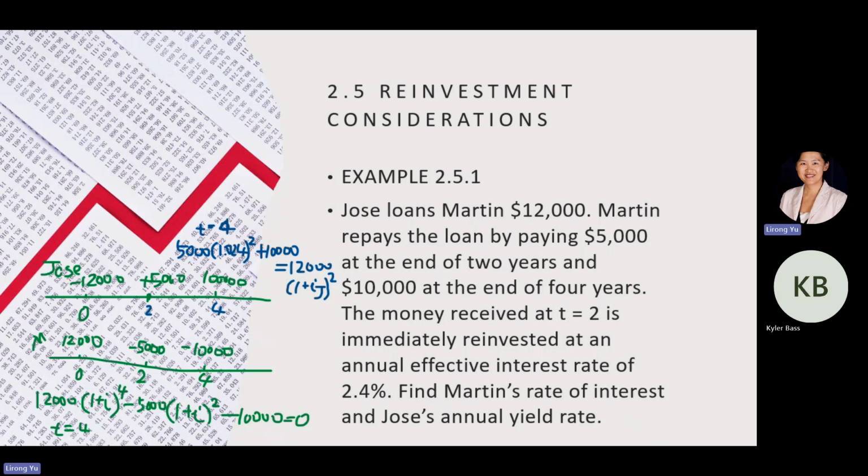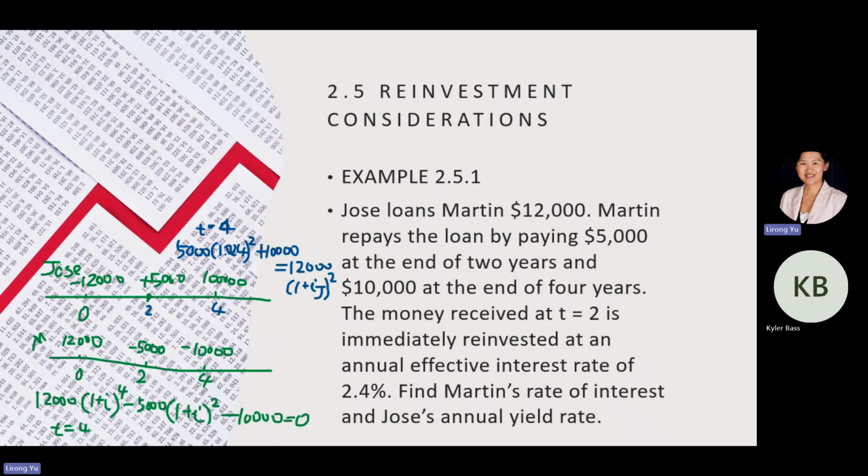You see there's nothing else on the timeline. We're assuming there's no cash in or out, right? So then the 12,000 is the same investment as the 5,000 and the 10,000 he's paying. We're thinking the negative 5,000 and the negative 10,000 for Martin would have the same value as the 12,000 at any point on the timeline.